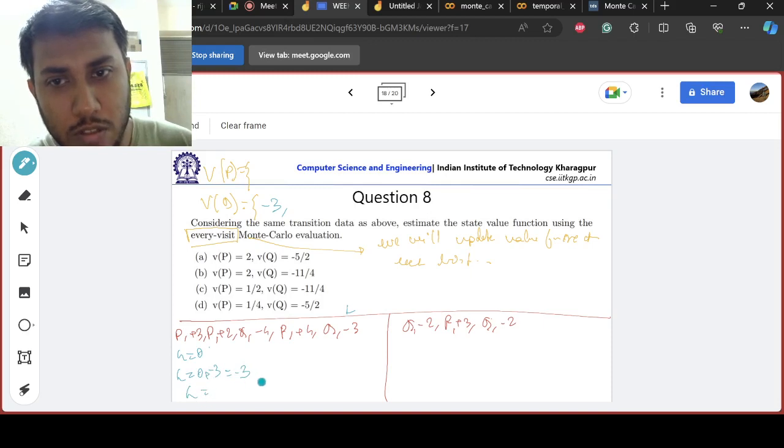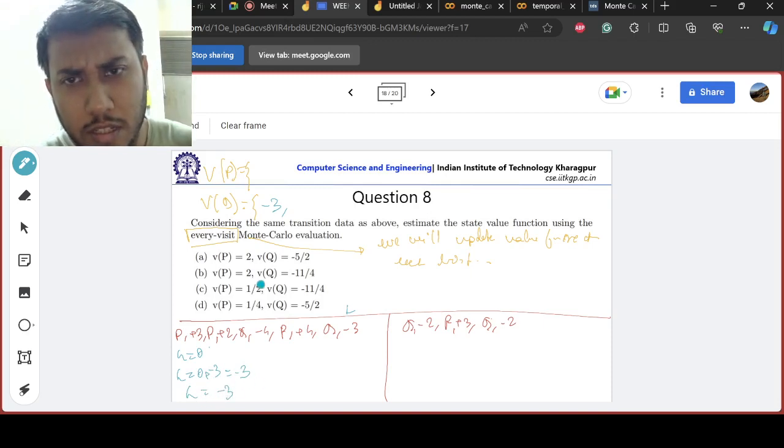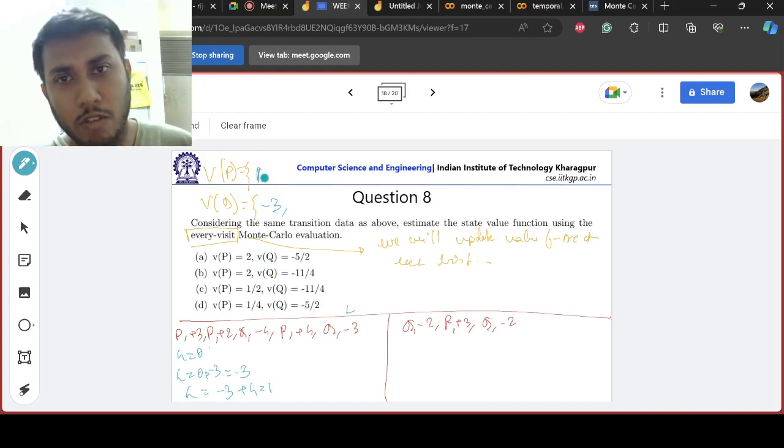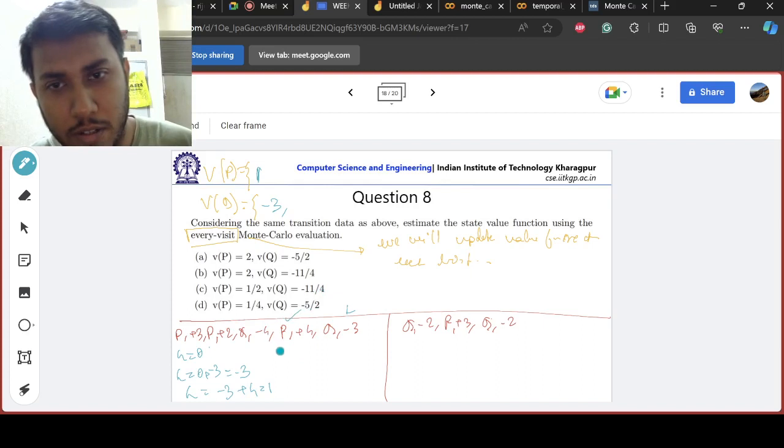Then G equals minus 3. Now we come here, plus 4 is equal to 1. We update the value of VQ, that is 1.